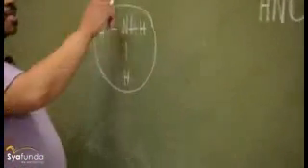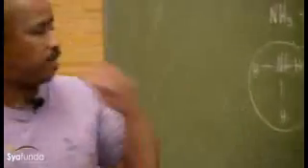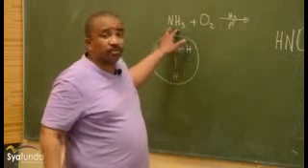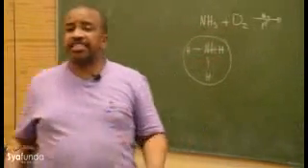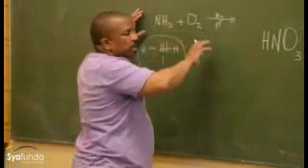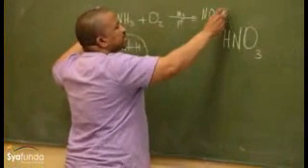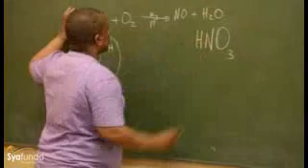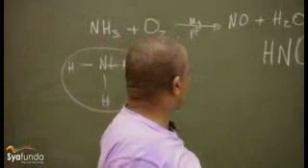In other words, the reaction of ammonia with oxygen releases energy. And once it breaks the nitrogen and hydrogen bonds, it gives us NO plus H2O. We have NO plus H2O.